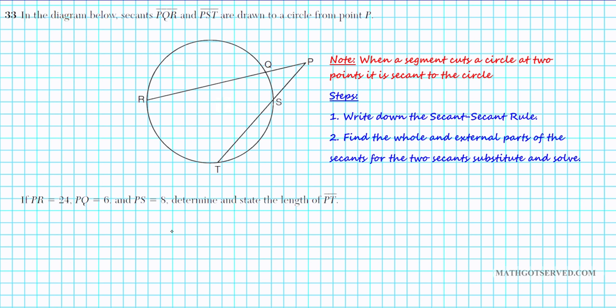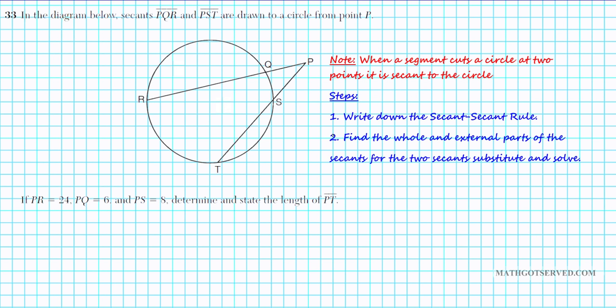One thing you want to note is that if a segment cuts a circle at 2 points, it's known as a secant. That's why these two segments are called secants. The steps we're going to use: we'll start off by writing down an equation known as the secant-secant rule, a secant theorem for circles.